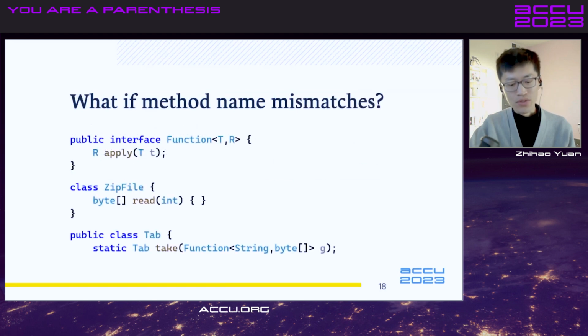And let's go back to our original question raised earlier in this talk. Now, what if the method name mismatches? Since Java 8 introduced this lambda expression framework, we can solve our previous problem nicely.